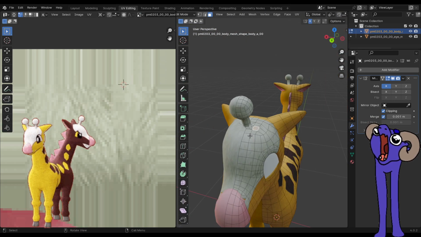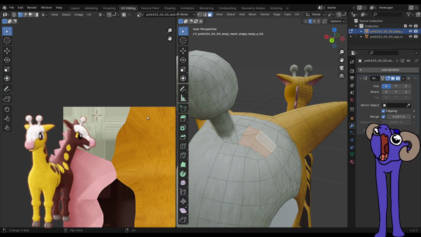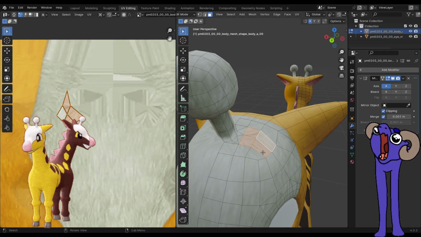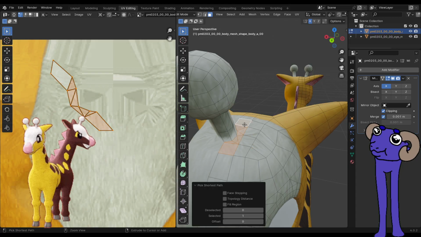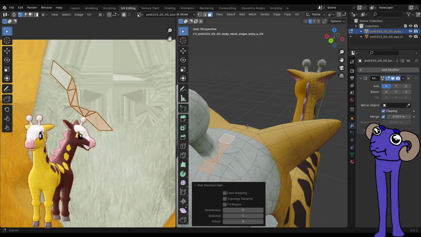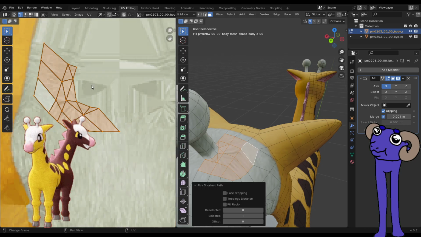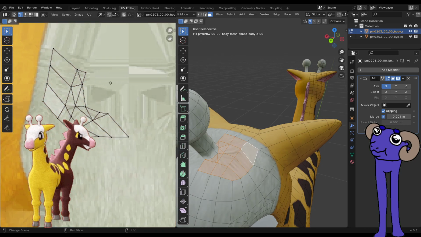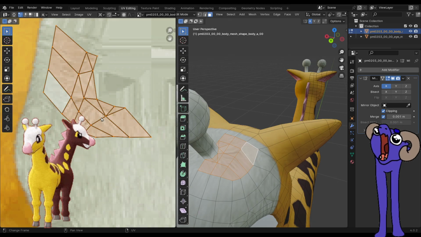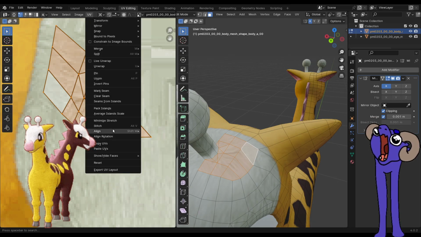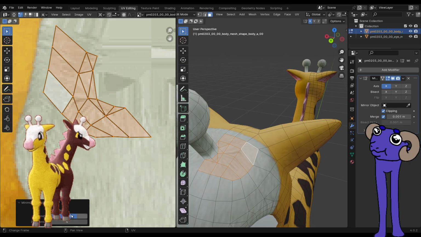Only other issue is how weird the textures look on this, because that's still stretchy. How do I prevent this from being so strong?